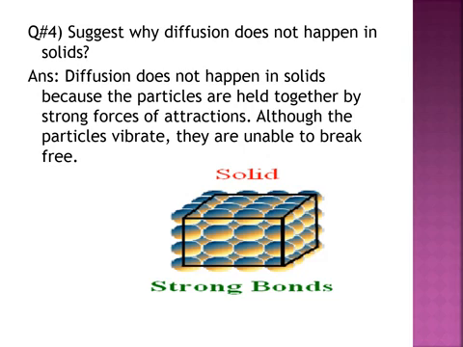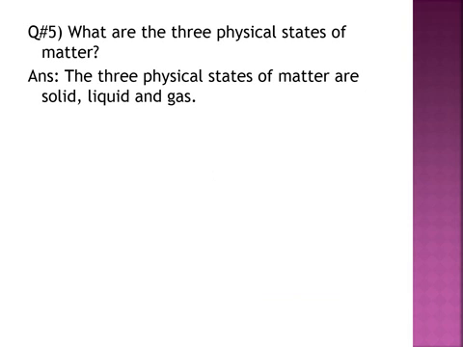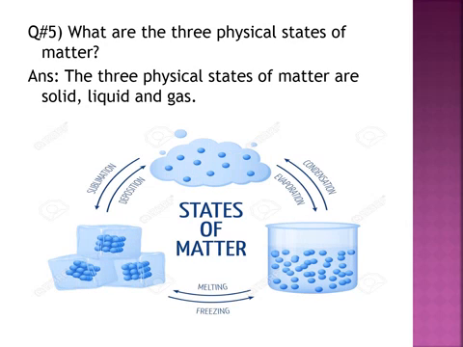The next question is: what are the three physical states of matter? It's a very common, easy, and basic question. We all know that the three physical states of matter are solid, liquid, and gas. One common substance which can exist in all three states is water. When we freeze water, it becomes solid.